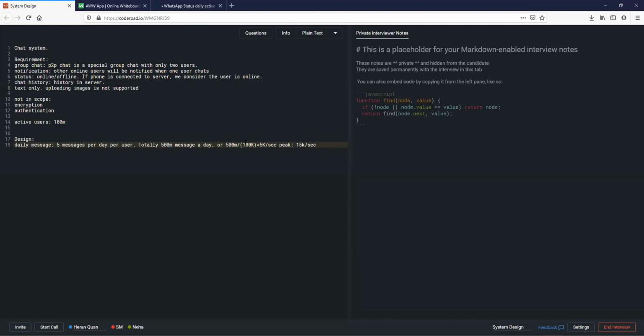I would suggest that one machine can handle at most 1,000 requests per second, so we need at least 15 nodes, and there could be more for redundancy.